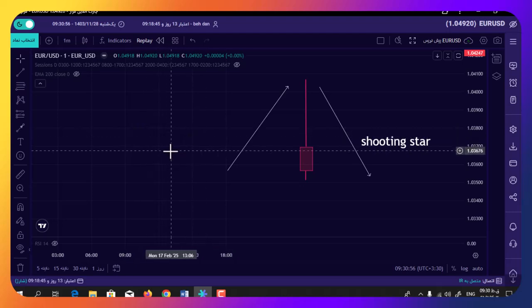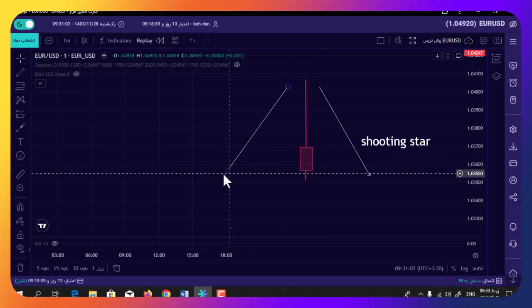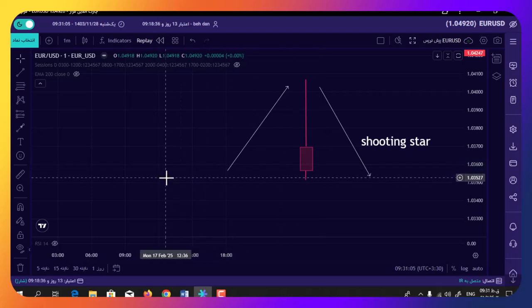Summary of the shooting star pattern: it forms at the end of an uptrend. After its formation, we expect a price decrease.